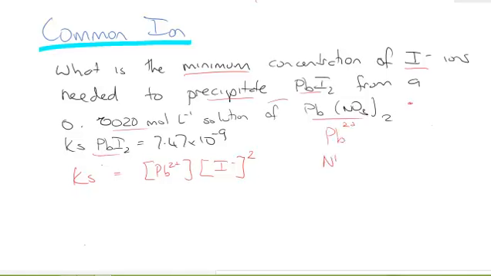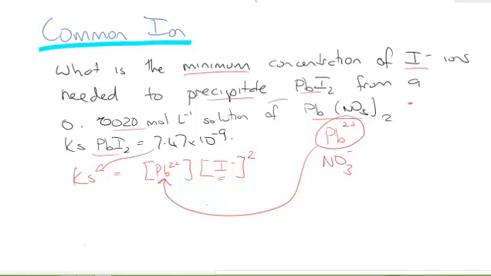Now that should start you thinking that there's already a concentration of lead 2+ ions, so that concentration is going to go in there, and the constant here is going to be used there. And what we're working out here is the concentration of the I-, which is what it's talking about.